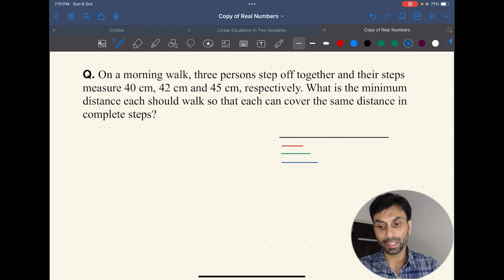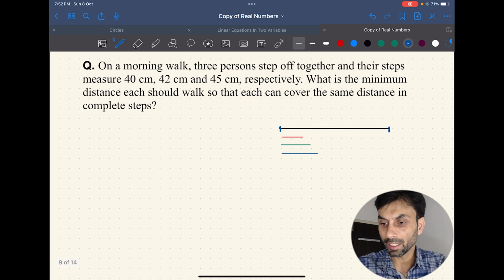Now there should be a point where these three people are together again, and that should be the first instance we are looking for. So for such types of questions, whenever we need the minimum distance to cover, we are going to find the LCM of the given numbers.